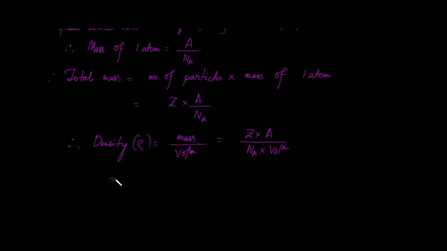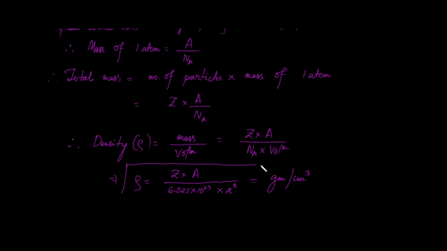This implies rho equals z into A divided by a cube into N A, which is 6.022 into 10 to the power 23 into a cube. The unit of density is gram per centimeter cube. So this is the formula for the density of a unit cell.